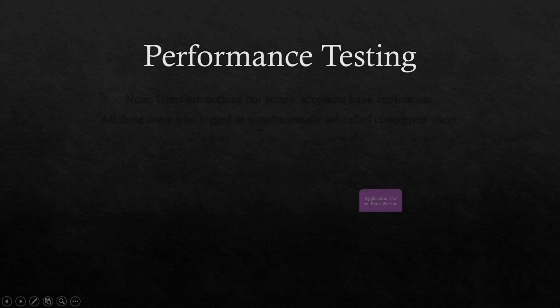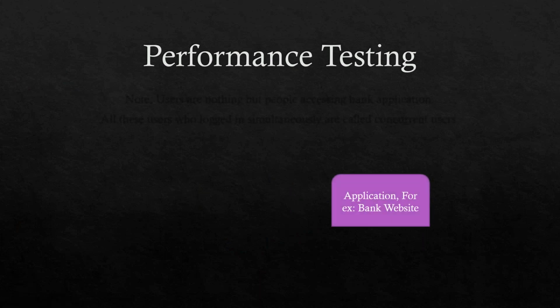To begin with performance testing, let's assume that there is a bank website. As usual, many of us will access the bank website, and let's assume that around 10 a.m. to 11 a.m. in the morning, more people are accessing the bank website.